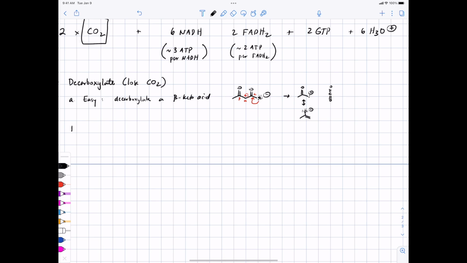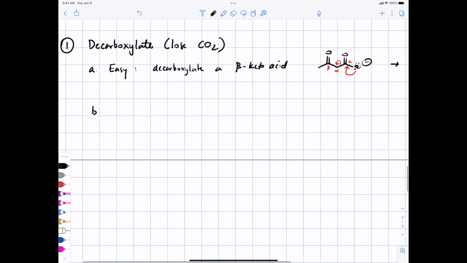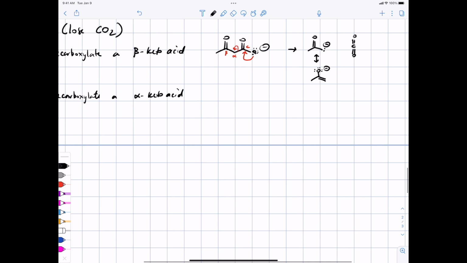The harder step, the one that requires a little bit of help in terms of cofactors, is decarboxylation of an alpha keto acid. And you've seen this before just barely in that pyruvate dehydrogenase complex.